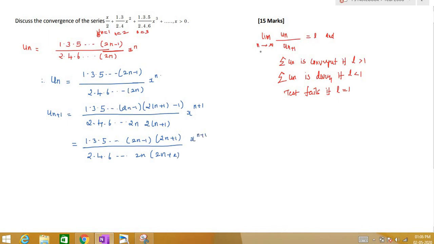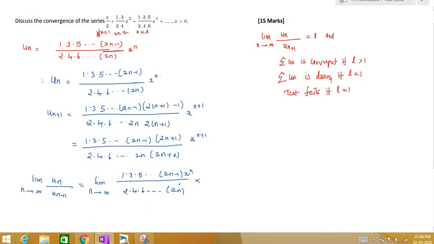So now we will find limit n tends to infinity un by un plus 1. So this will be equal to limit n tends to infinity. What is our un now? 1 into 3 into 5 up to 2n minus 1 divided by 2 into 4 into 6 up to 2n into x power n, divided by un plus 1.